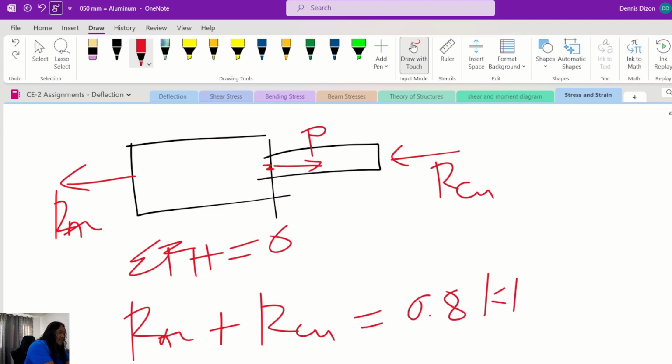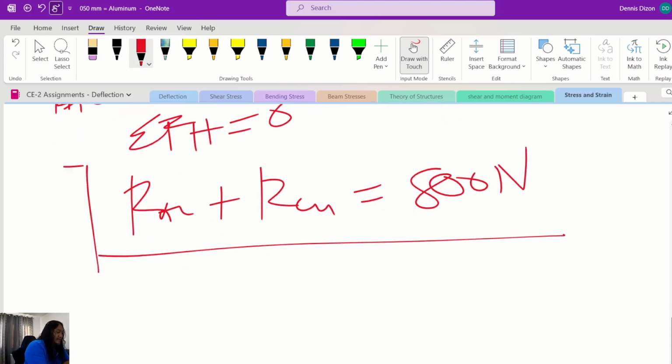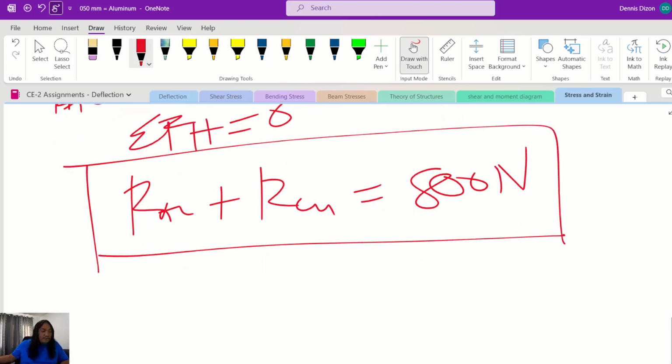Let's just say that is 800 Newton. So we have this first equation, this is our equation 1.